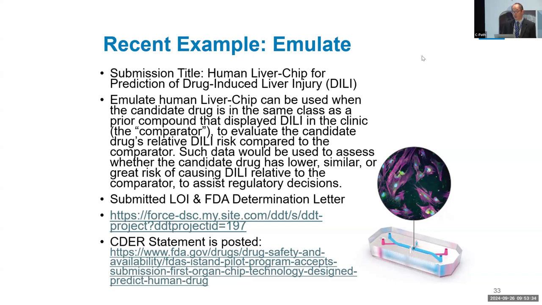And this tool will be able to compare the DILI risk between the original comparator and the new drug so that you can determine during the preclinical phase if the risk is higher or lower than the comparator.